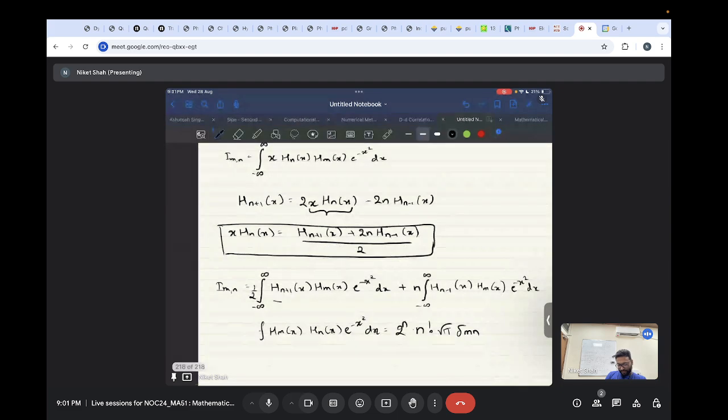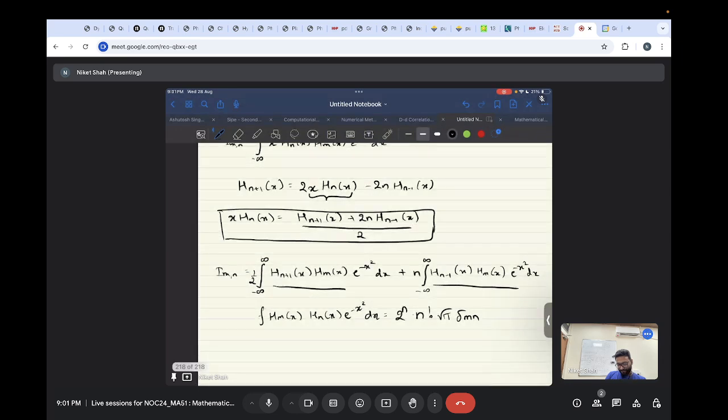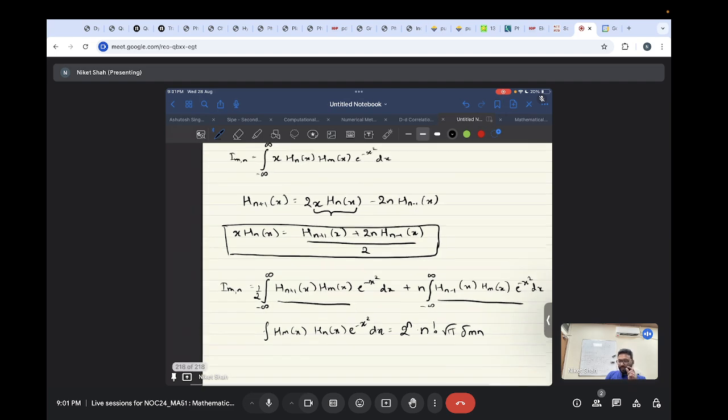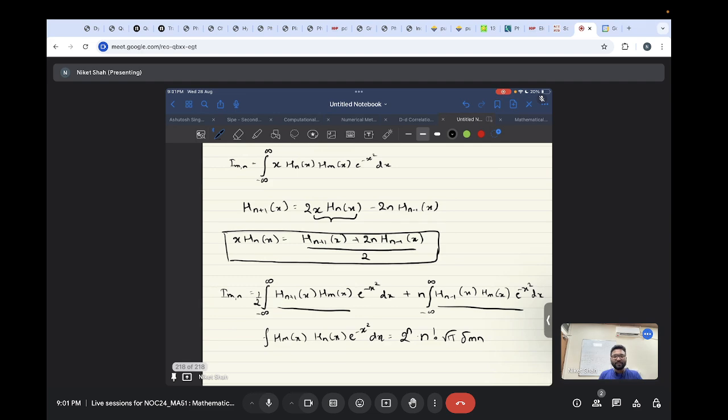So in this case, at least one thing we are sure of is that if n plus 1 and m are not equal, or n minus 1 and m are not equal, basically the two integers should be at just a difference of 1 with respect to each other. If that's not the case, then both of these integrals will turn out to be 0 because they become the normalization orthogonality relation, and you get a 0 because there is no delta mn.